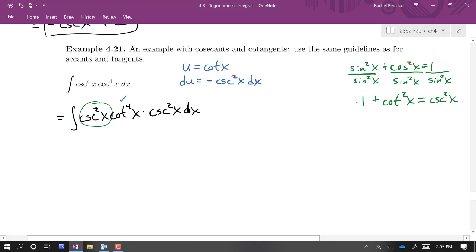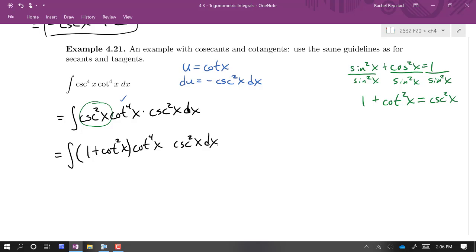So that's what I'm going to use to make a substitution here for cosecant squared. That's 1 plus cotan squared. Now, we're almost ready to make our substitution, but we need this negative.